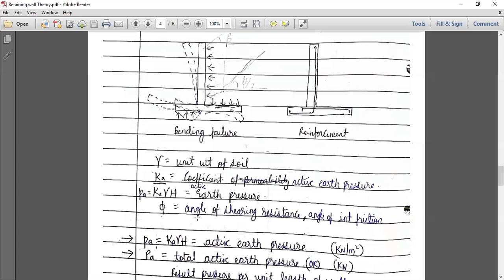Phi is nothing but the angle of shearing resistance or angle of internal friction. These are the equations which you have already seen in your geotechnical engineering.